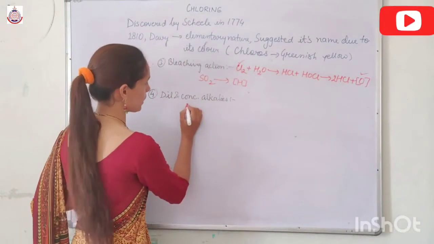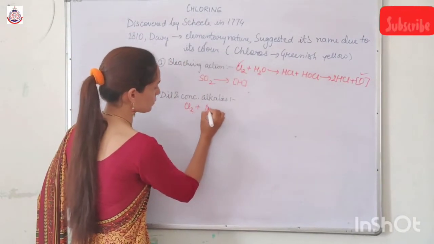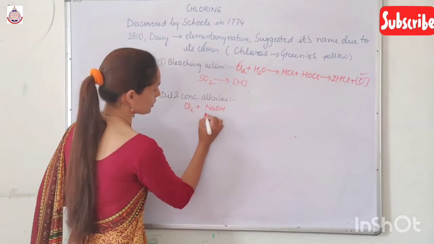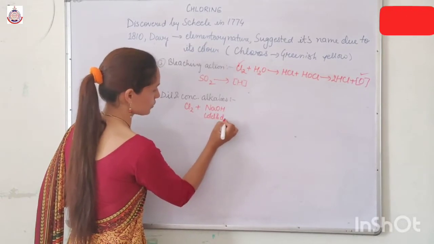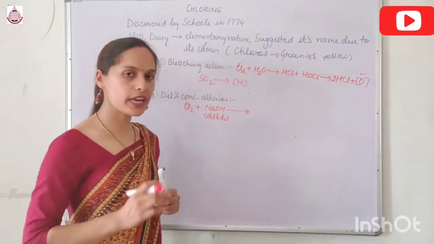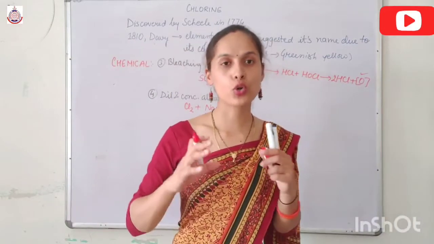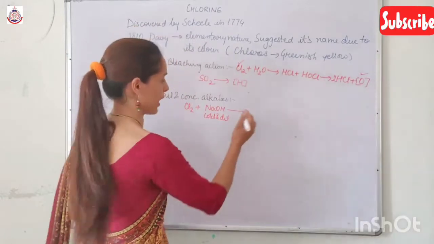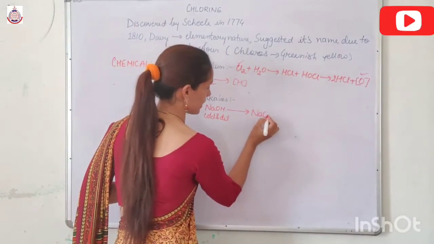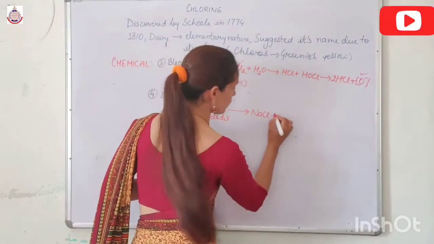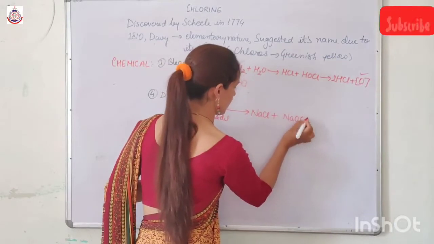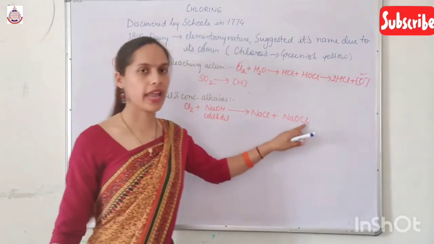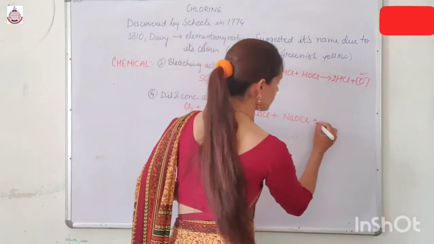Whenever chlorine reacts with any alkali which is cold and dilute, it forms a mixture of chloride and hypochlorite. So one, it forms NaCl, another thing it forms NaOCl, plus H2.